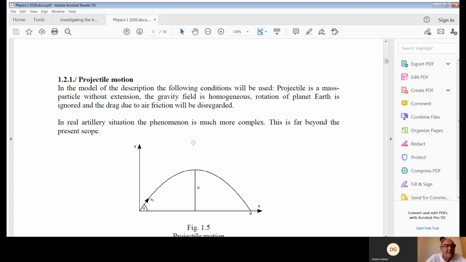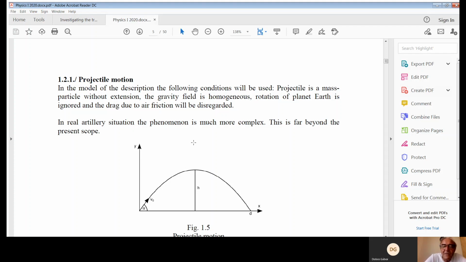A projectile is a mass particle without extension, so it's a mass particle, and the model contains some simplifications, such as the gravity field is homogeneous, the rotation of the planet Earth is ignored, and the drag due to air friction will be disregarded also.